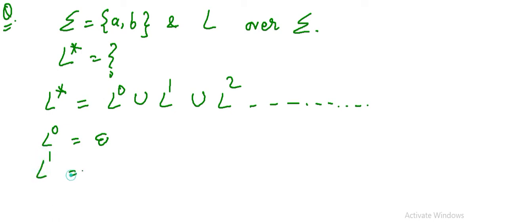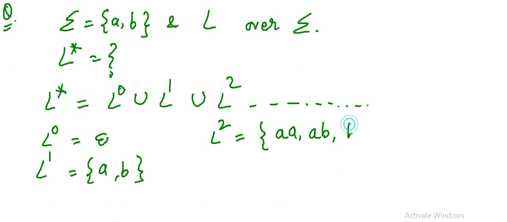L1, which is of length 1: strings of length 1 can be generated as A and B only, so it is A comma B. Then of length 2 it will be AA, AB, BA and BB, because we have two symbols, and the number of strings we can generate using these two symbols is 2 raised to power 2, which is 4.